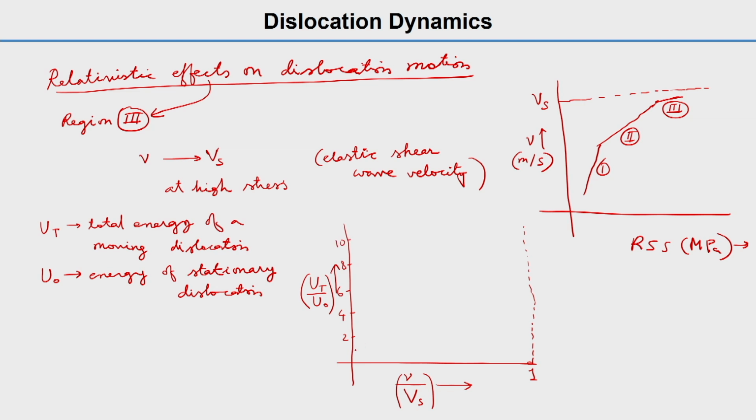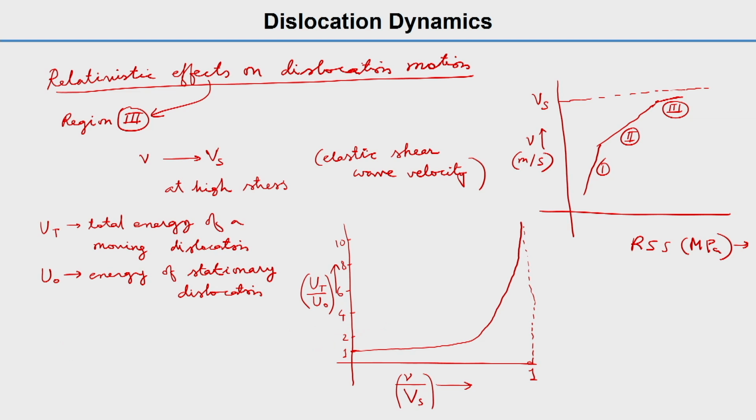Then this will rise, and it will rise kind of to infinity. This is the ratio of the total energy of a movable dislocation divided by the energy of a stationary dislocation, which is lower. It first starts from 1, because that means the dislocation is at rest, and Ut equals U naught here.